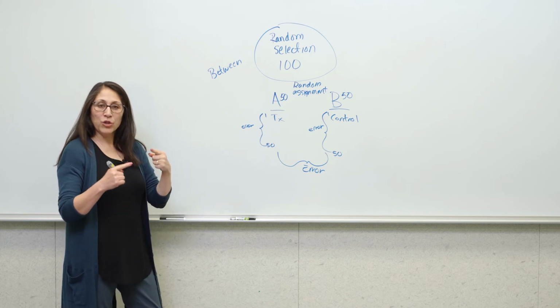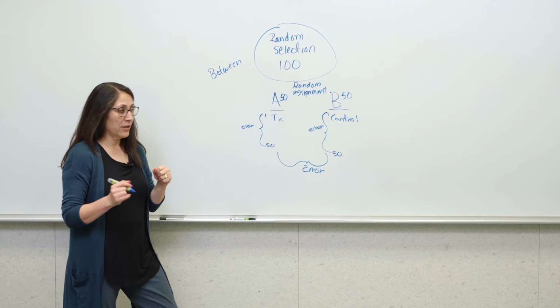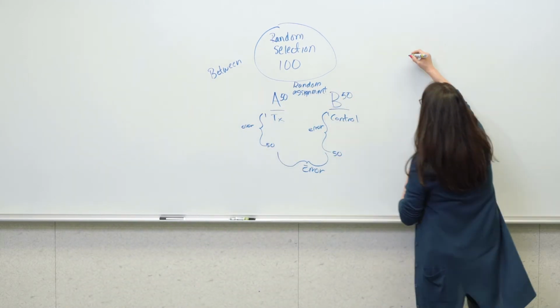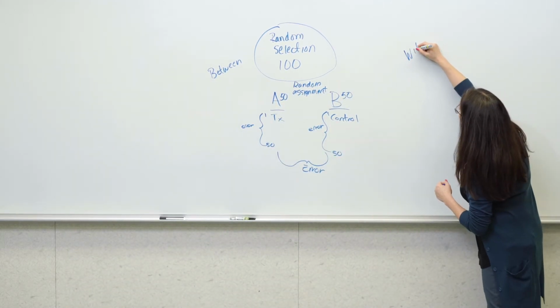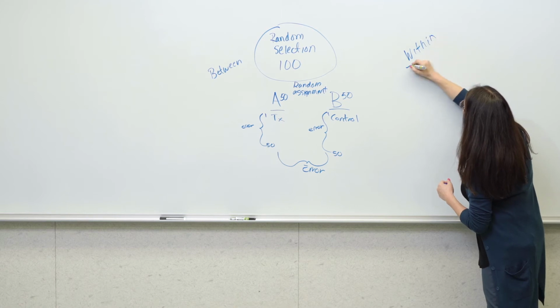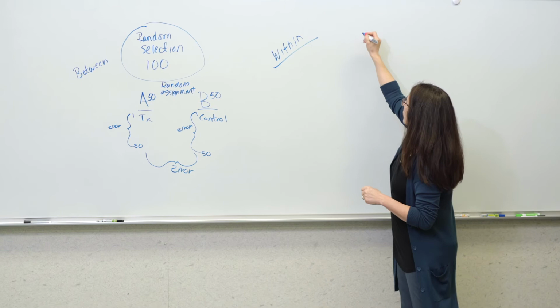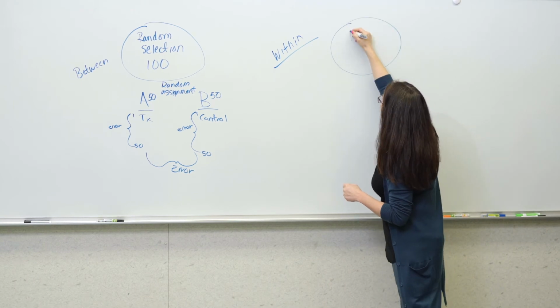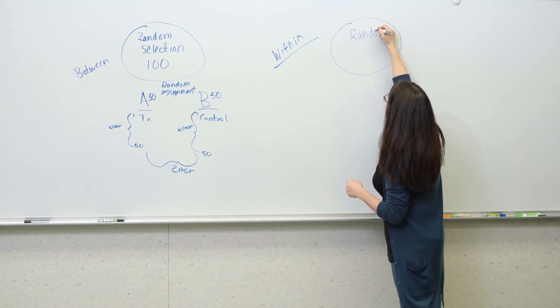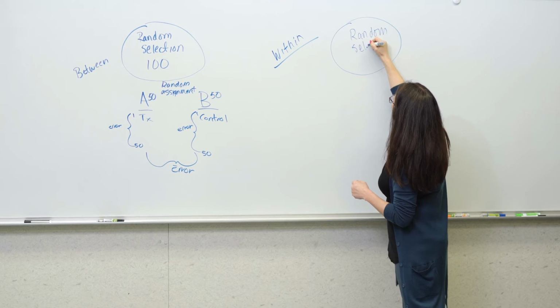Now, I'm going to contrast that to a within subjects design. I'm going to step right over here. We're going to say this is within. Now, the way you manage a within subjects design is we can randomly select. We have to randomly select if we're doing a true experiment.